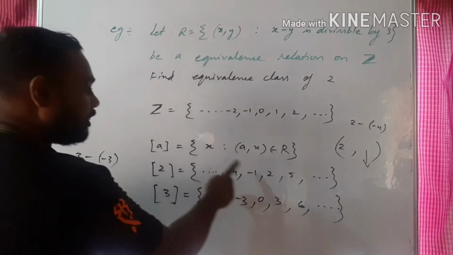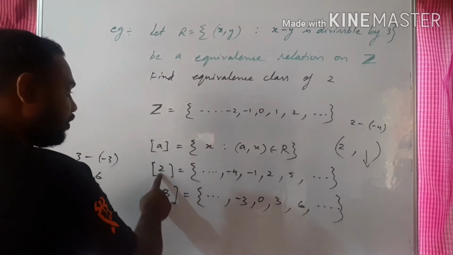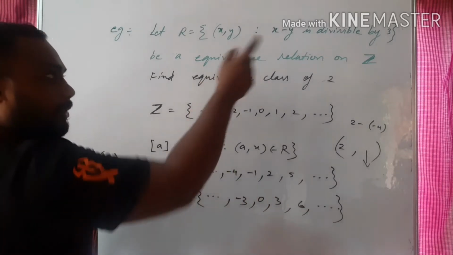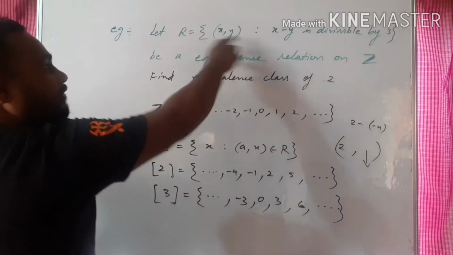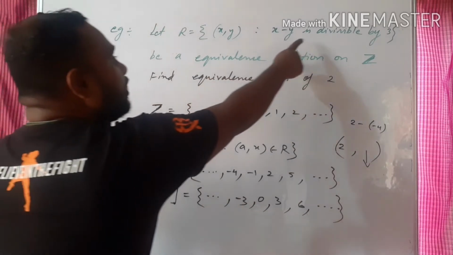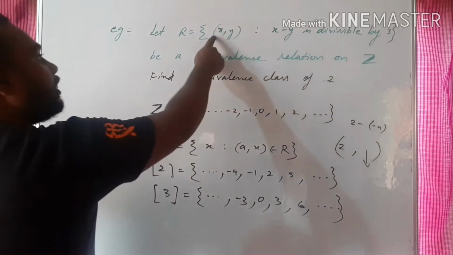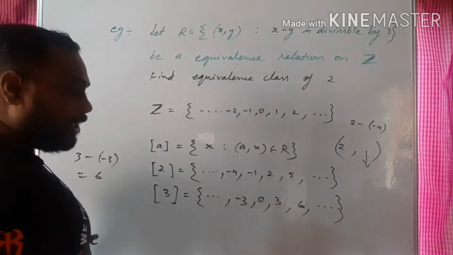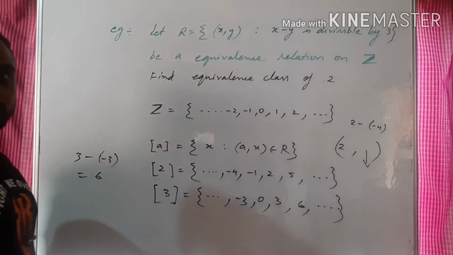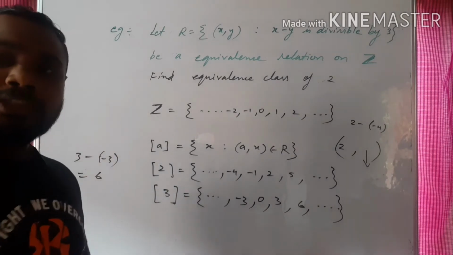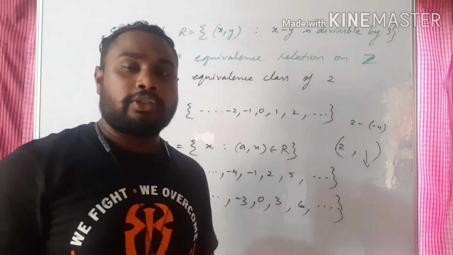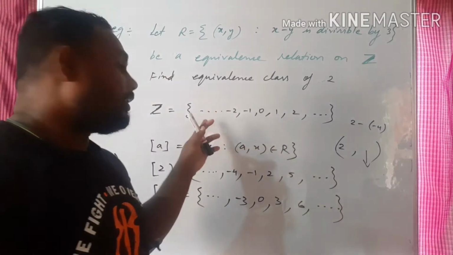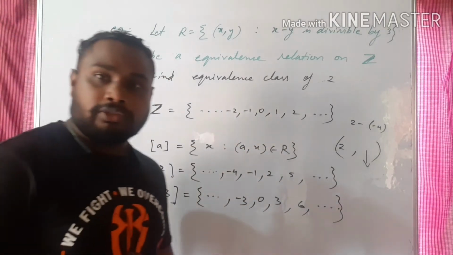Again 2 is related to minus 1 because 2 minus minus 1 gives you 3, which is divisible by 3. Our relation is defined so that x minus y is divisible by 3, then only x comma y will lie in relation R. In that way you can write the equivalence class of any element of that set. Hope you have understood.